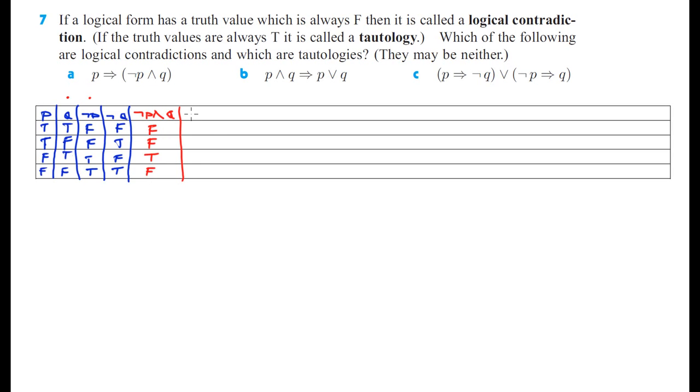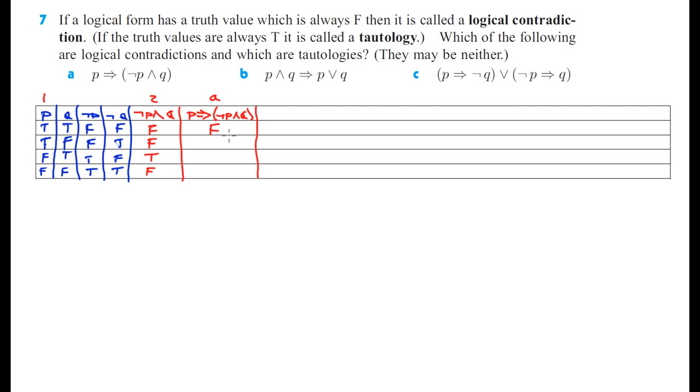Now we have to come up with P implies not P and Q. So this is going to be A here. P is first, and then not P and Q is the second part, the then piece. So you have the ingredients and you make the world's worst cookies.